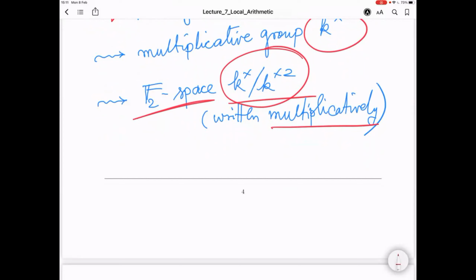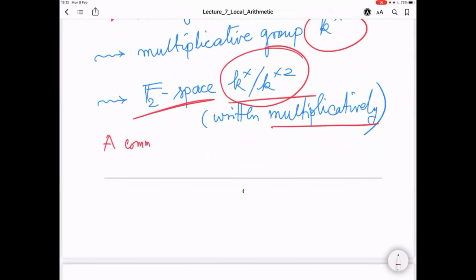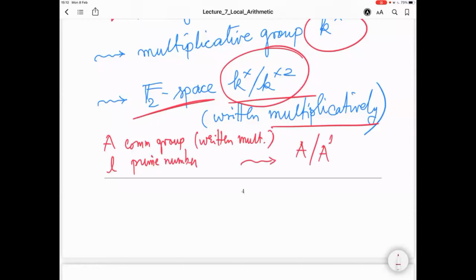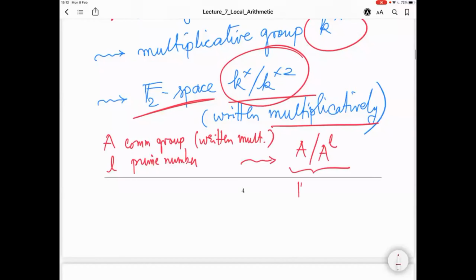Just as if you have any commutative group A, written multiplicatively, and any prime number l, then we can form this group A modulo A to the l, and this should be viewed as a vector space over the field Fl. So this is the special case l equal to 2 of what I have explained here.